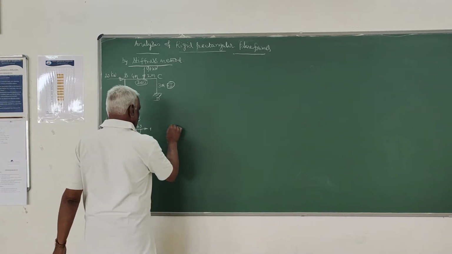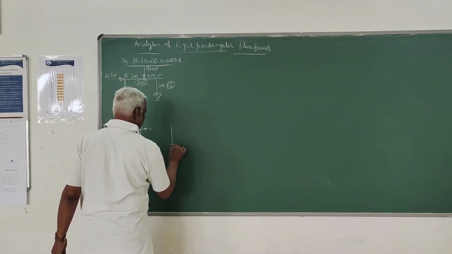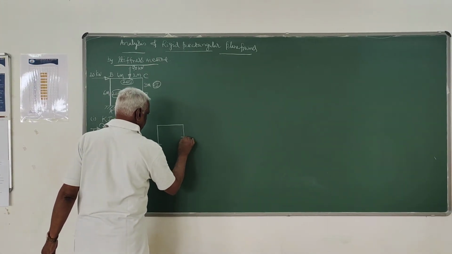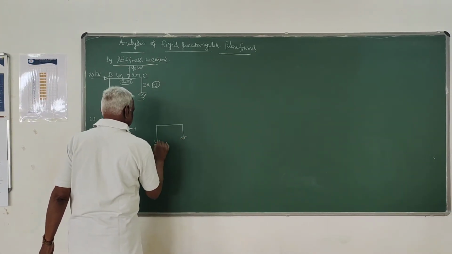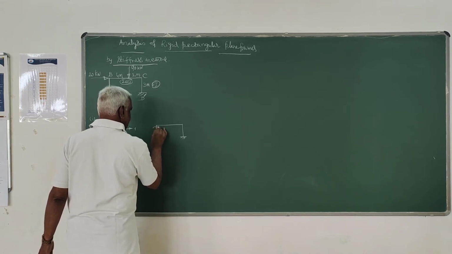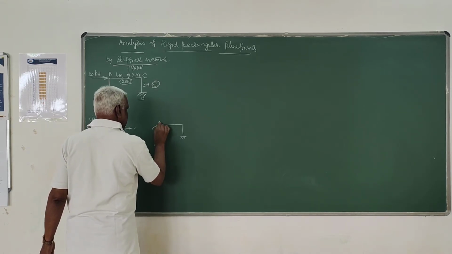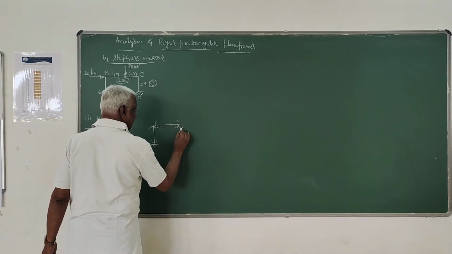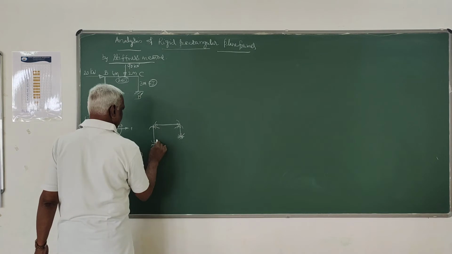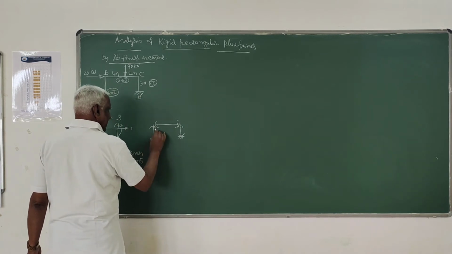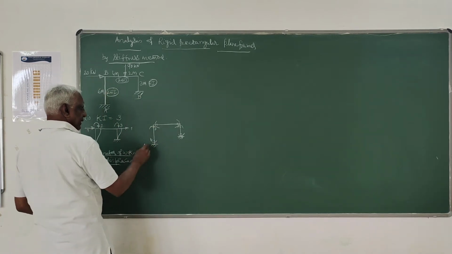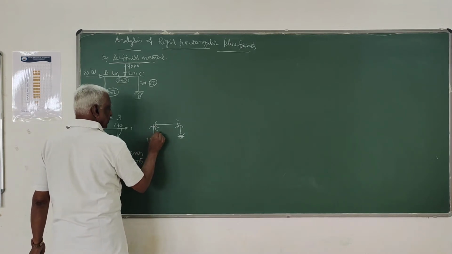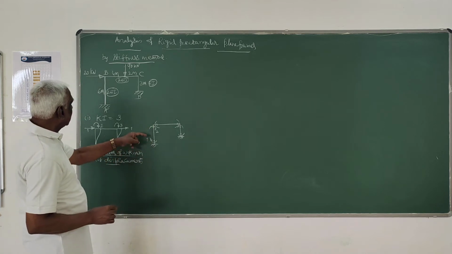And the unknown member forces which we have to determine during analysis: we choose the end moments at the ends of the members as the unknowns to be determined during analysis. Like this, we have to determine the moments at the ends of all members. For member AB, we have to determine the end moments, this is 1, 2, that is MAB, MBA.